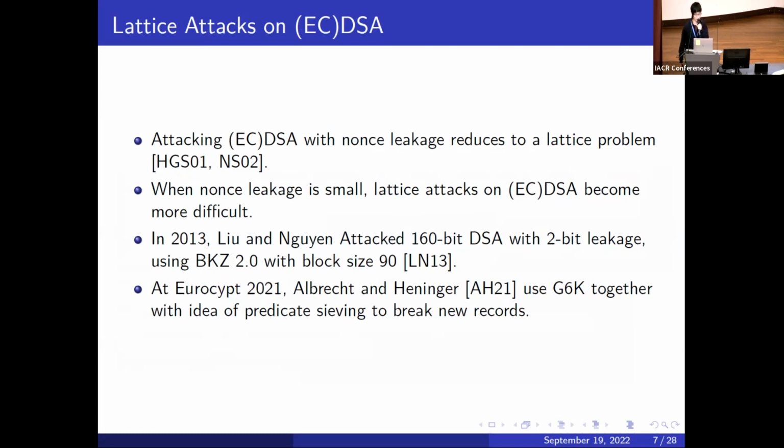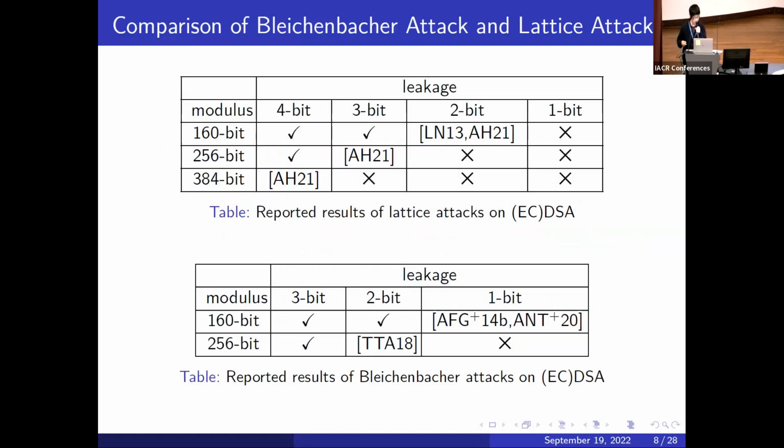In 2013, Liu and Nguyen attacked 160-bit DSA with 2-bit nonce leakage using BKZ 2.0 with block size 90. And at Eurocrypt 21, Albrecht and Heninger used G6K together with the idea of predicate sieving to break new records.